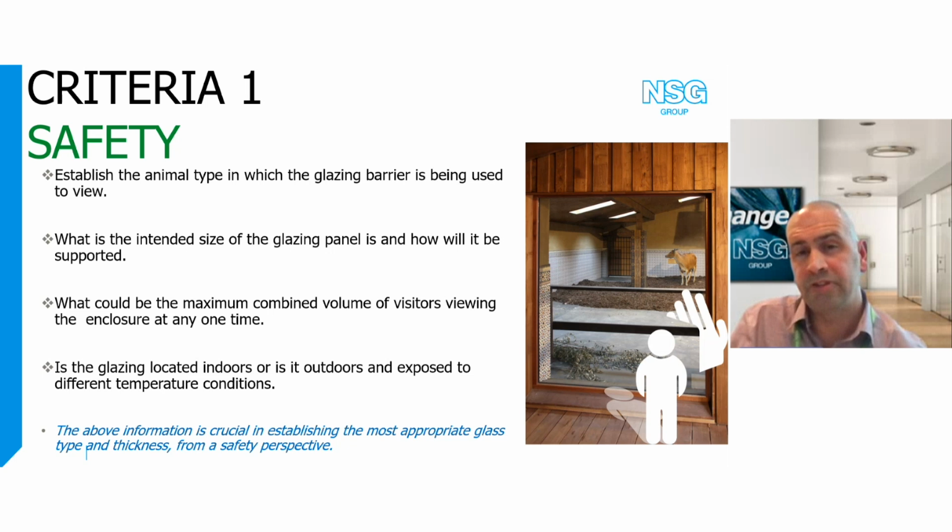Maximum capacity of people within the glazing area must be considered, and this will affect the mechanical load type to apply. And if the glazing is outdoors, it could be susceptible to temperature changes and thermal stress risks. So you may want to consider heat treated glass rather than annealed glass with any laminated glass composition.